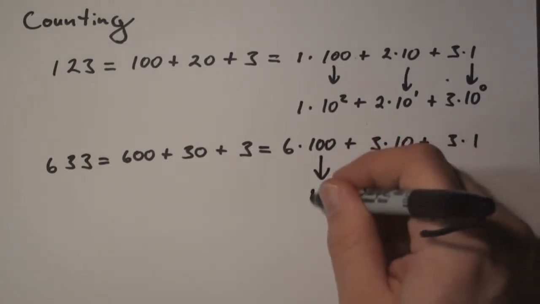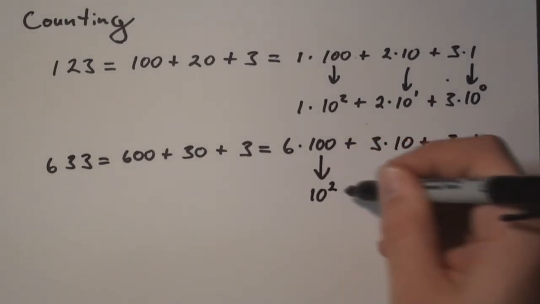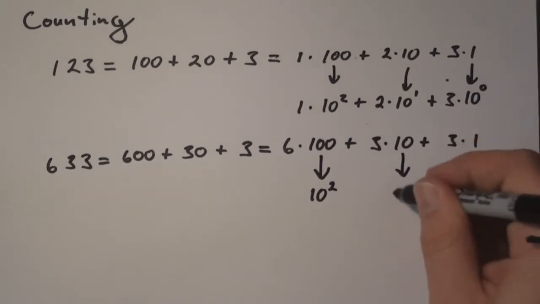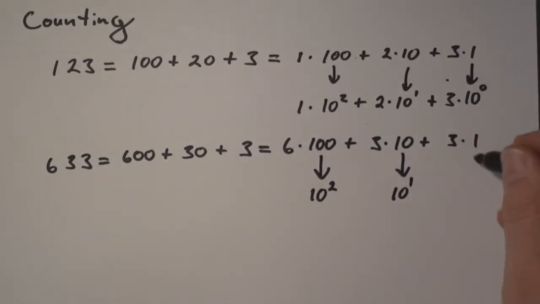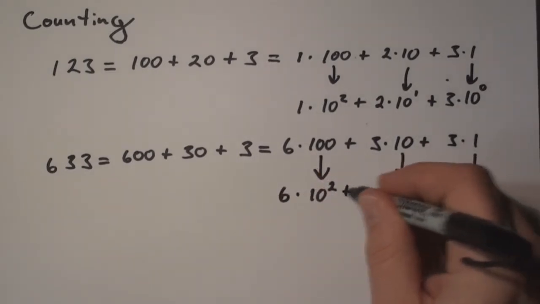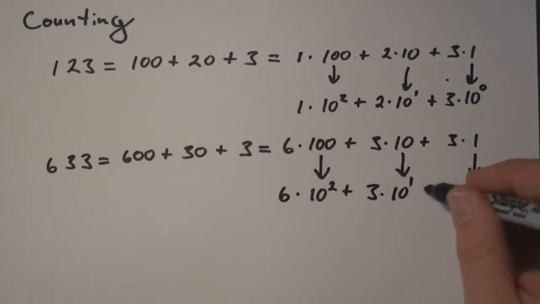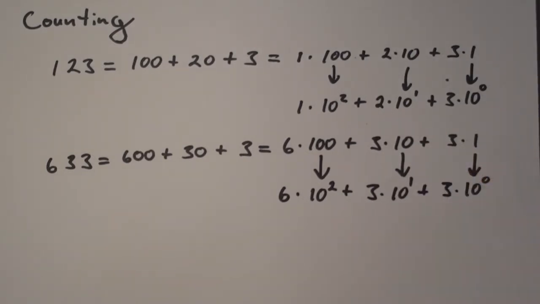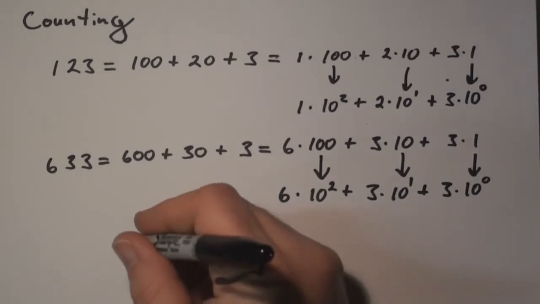Writing this in exponents, 10 to the power of 2 is 100, 10 to the power of 1 is 10, and 10 to the power of 0 is 1. So 6 times 10 to the power of 2 plus 3 times 10 to the power of 1 plus 3 times 10 to the power of 0 is equal to 633.